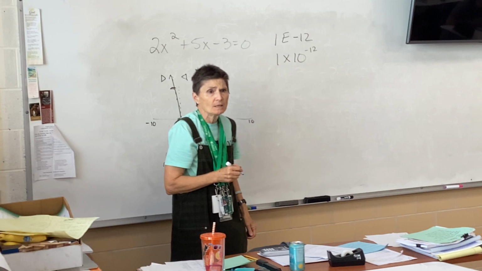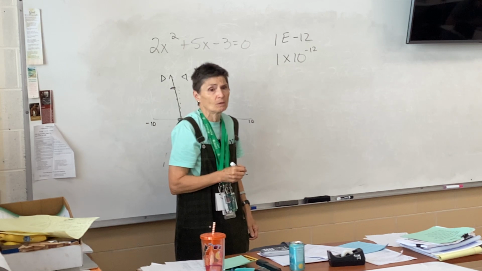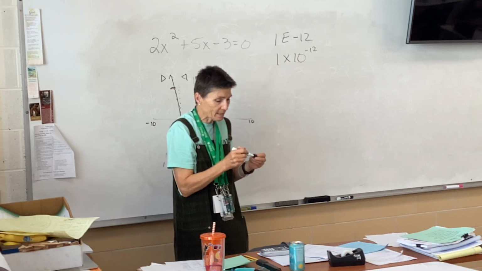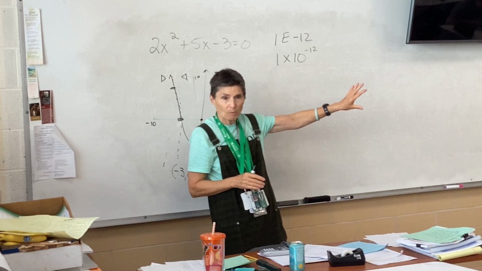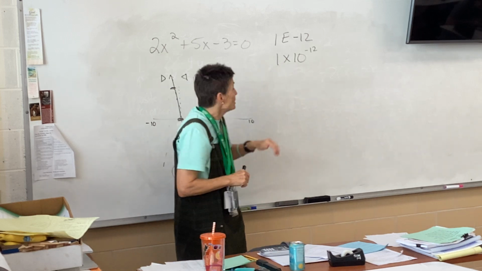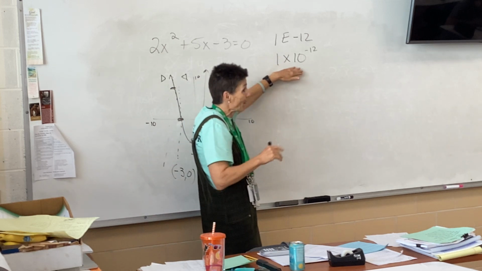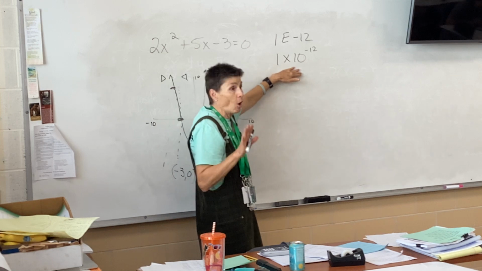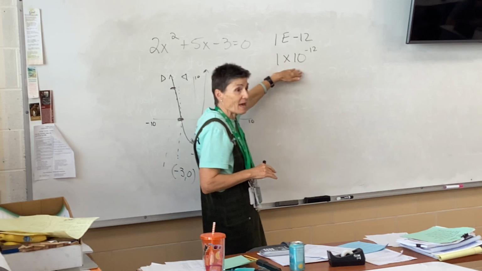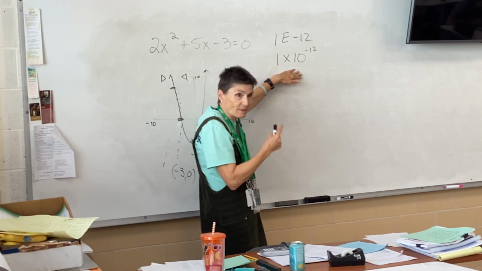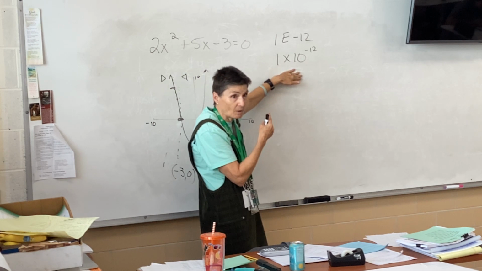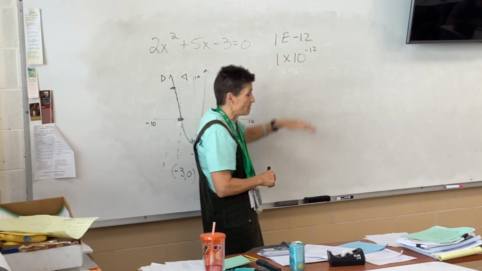Point zero zero zero zero zero zero zero zero zero one. That's the same as 0. Obviously it's not exactly 0, but it's so many decimal places, we're going to think of it as 0. Anytime that happens, and it will probably happen to all of you at some point, think of it as 0. That's a really, really tiny number. So just think of it as 0.